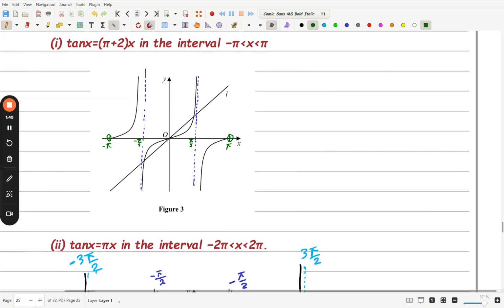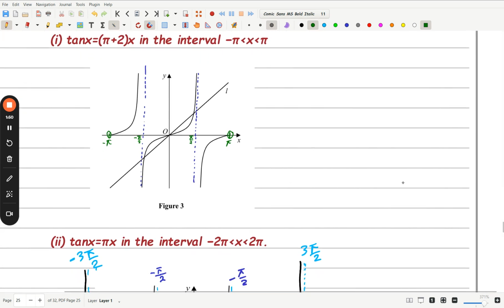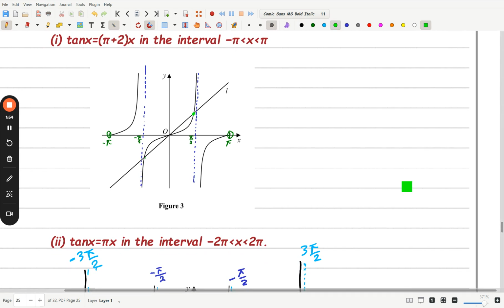Here is the first intersection point, here the second, and here also the third. So in this interval, the straight line intersects the curve tan x 3 times.